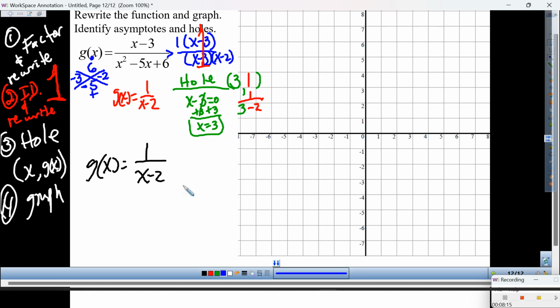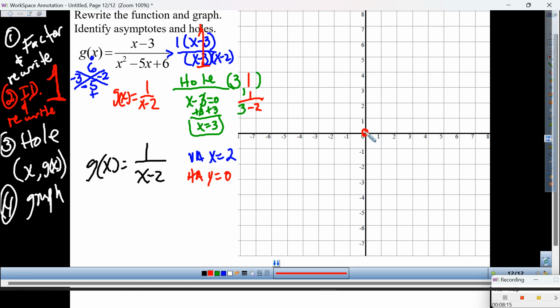Delilah, help him out. We got the hole, but how do we start graphing this function? Frida, help him out. So we need a vertical asymptote, x equals, and what else do we need? Yeah. All right, so what is our VA? 2, and our HA? 0.